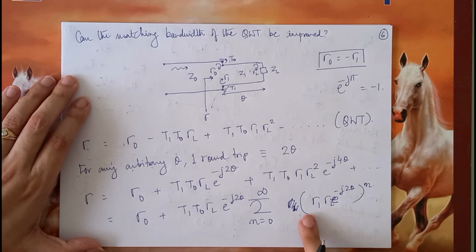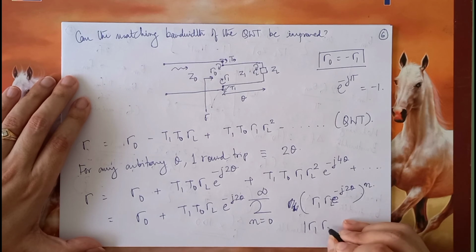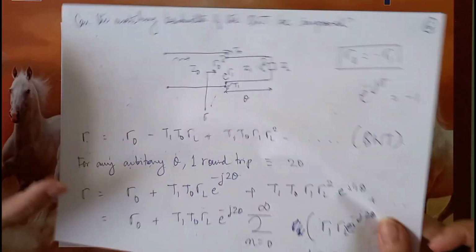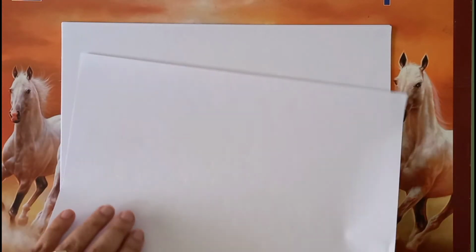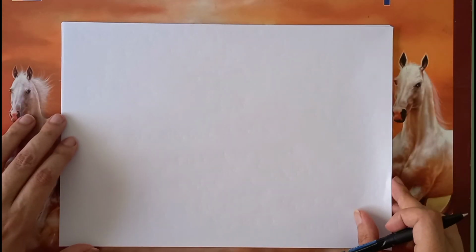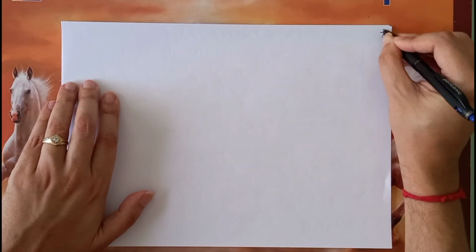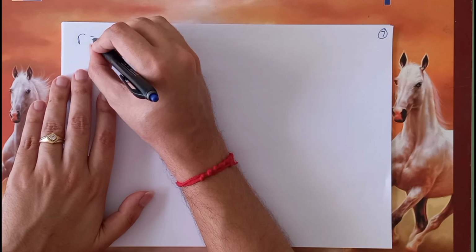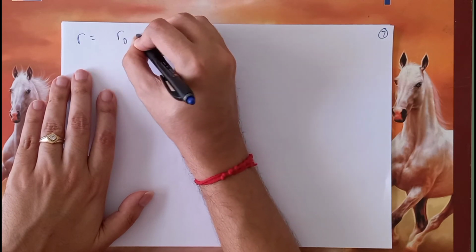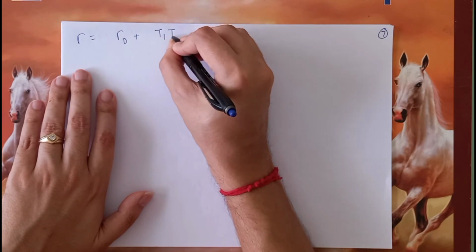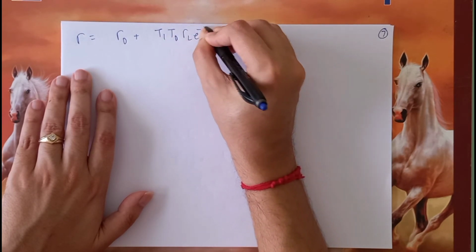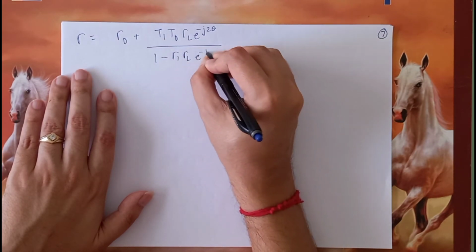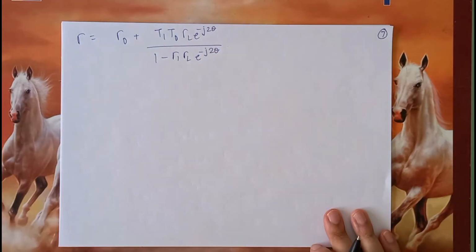So once again, this quantity mod of gamma 1 gamma L is always below 1. So we can very easily sum up the geometric progression in the following manner. Something like this.